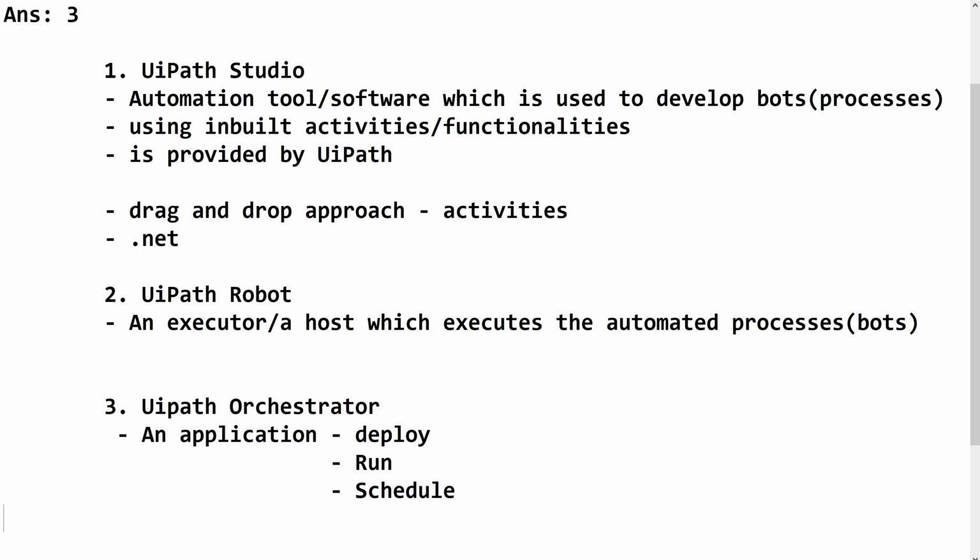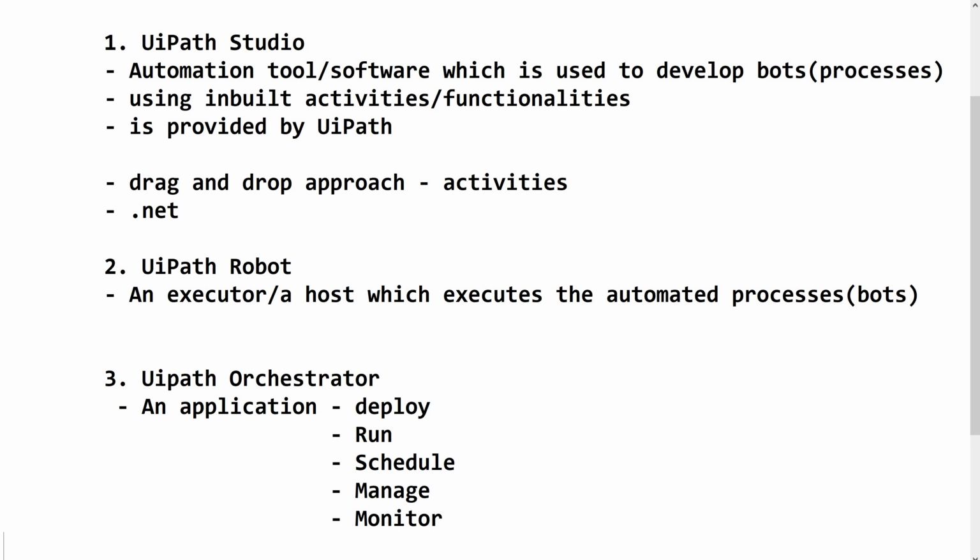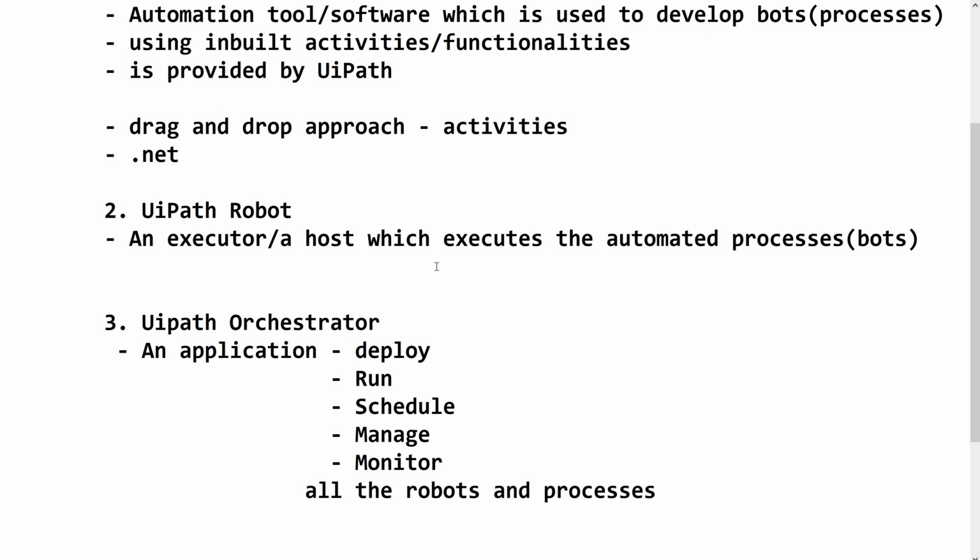After scheduling, you are supposed to manage, in the sense of the versions and all. And then we are supposed to monitor whether it is performing well or not, monitor what all it is doing. Monitor all the robots and processes, right? Clear? So now let us move on to Robo.